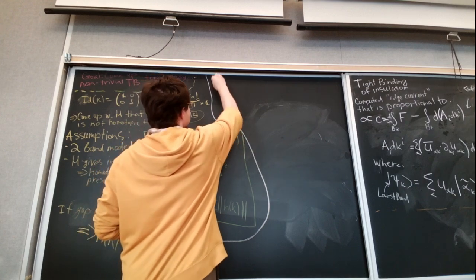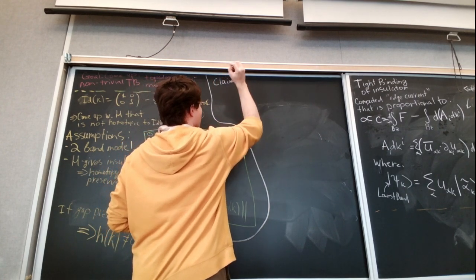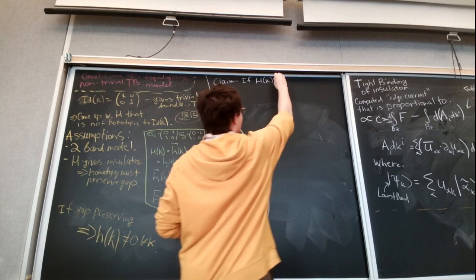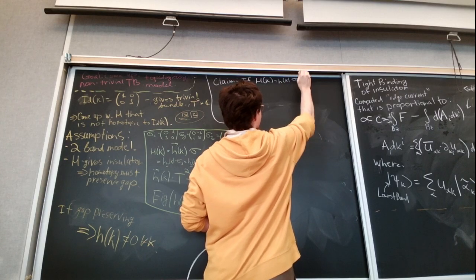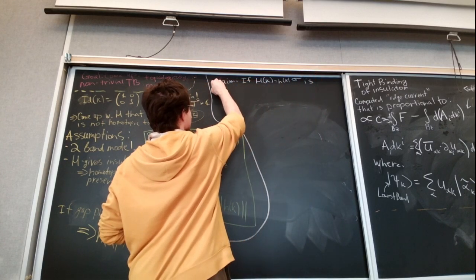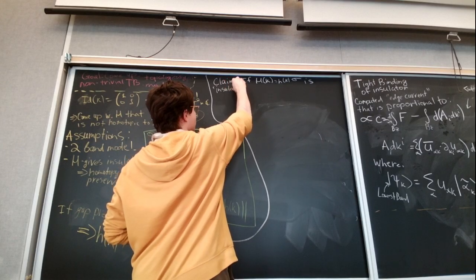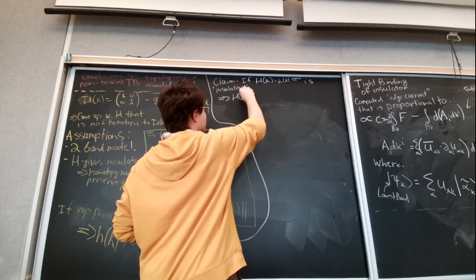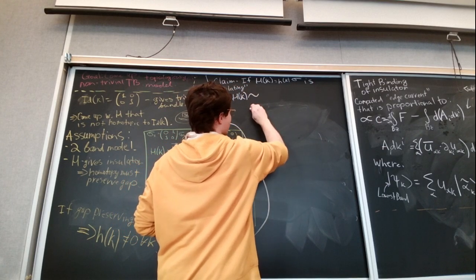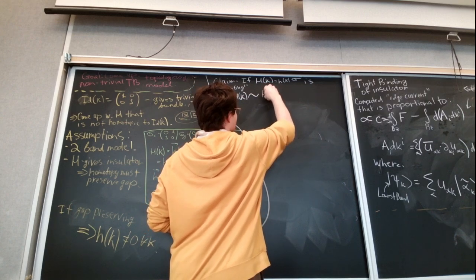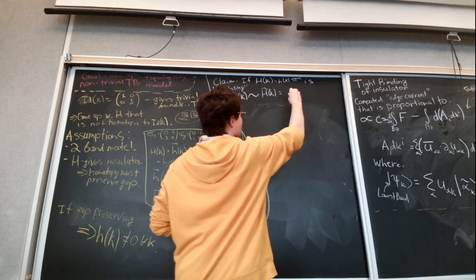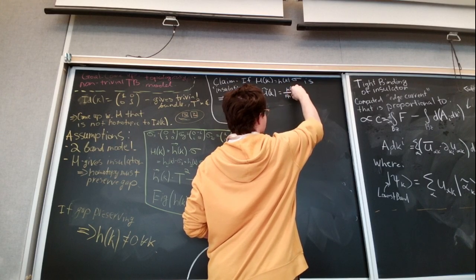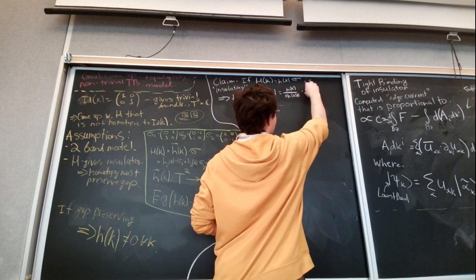In that case, claim: if I have a Hamiltonian H of k equals h of k dot sigma that is insulating, meaning that there's a gap everywhere, this implies that H of k is going to be homotopic to the following Hamiltonian, h twiddle of k, where h twiddle means I take h of k and divide it by its norm everywhere, and then do that dot sigma.